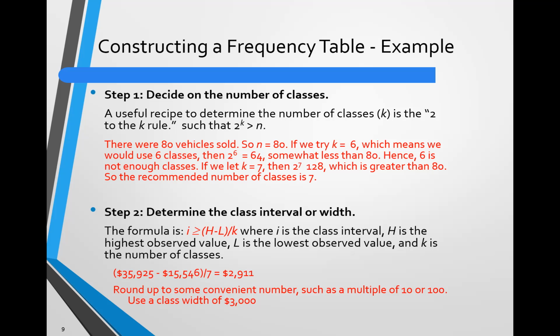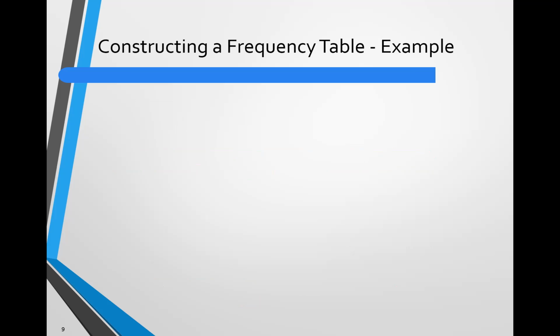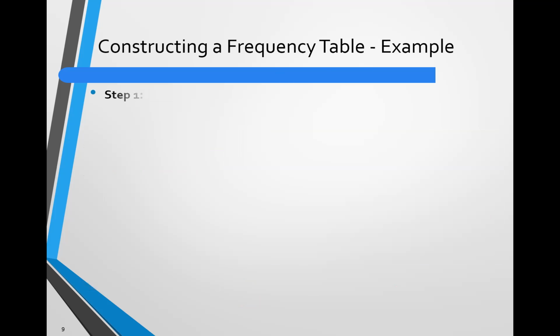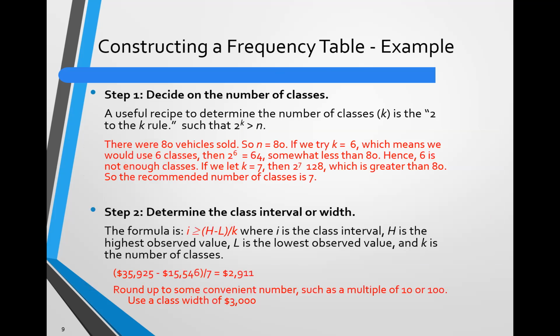Previously we found the highest value and lowest value in our data. The higher one is 35,925 and the lower one is 15,546. So we put these values in: 35,925 minus 15,546 divided by K. We already found K in the previous example, that is the number of classes.